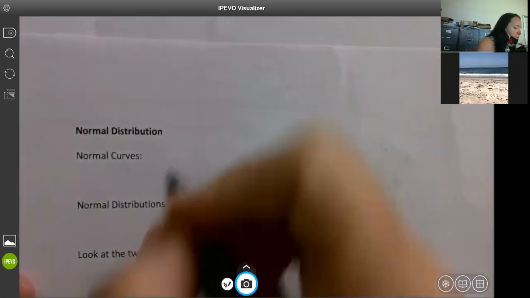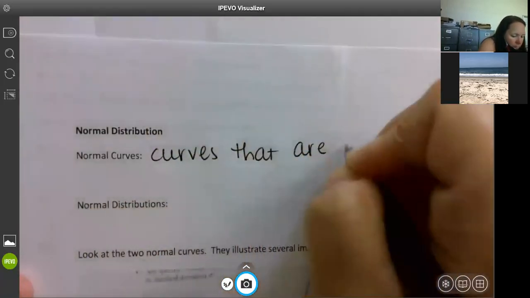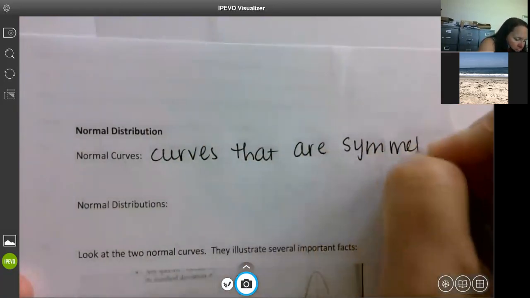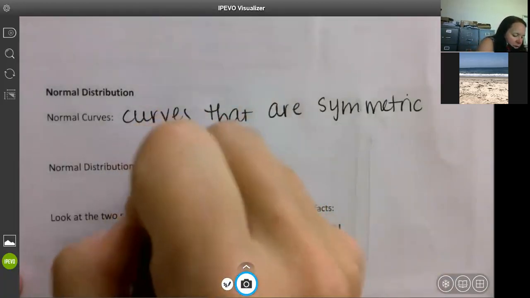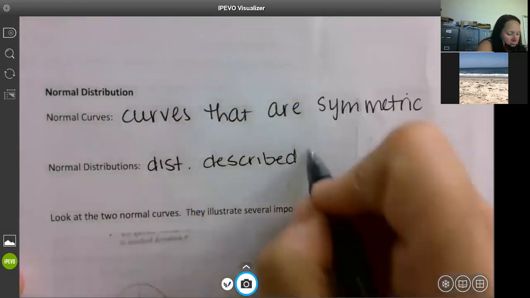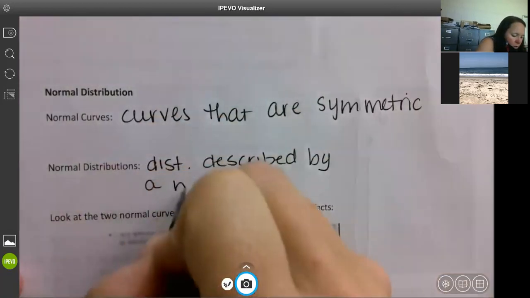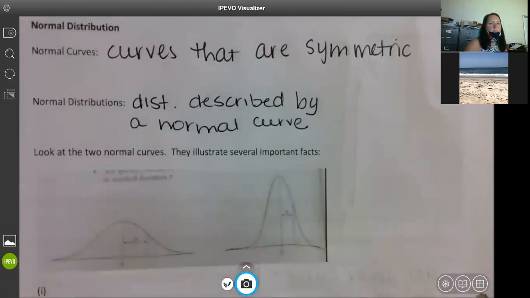Normal distribution. Normal curves are curves that are symmetric, and normal distributions are distributions described by normal curves. All right.